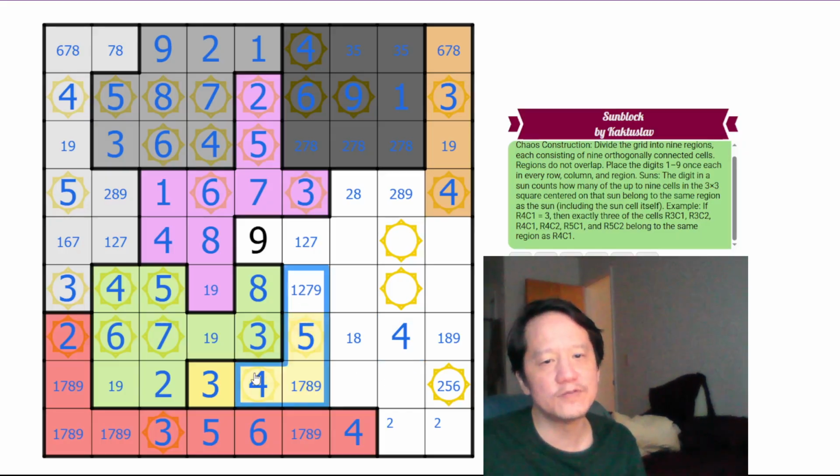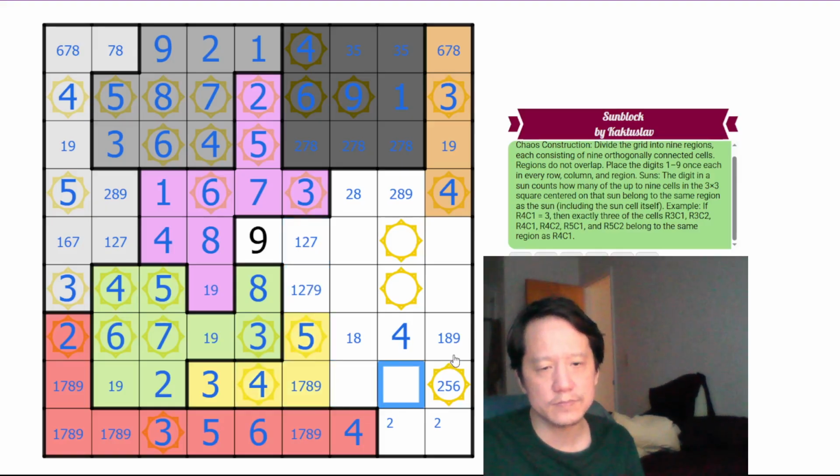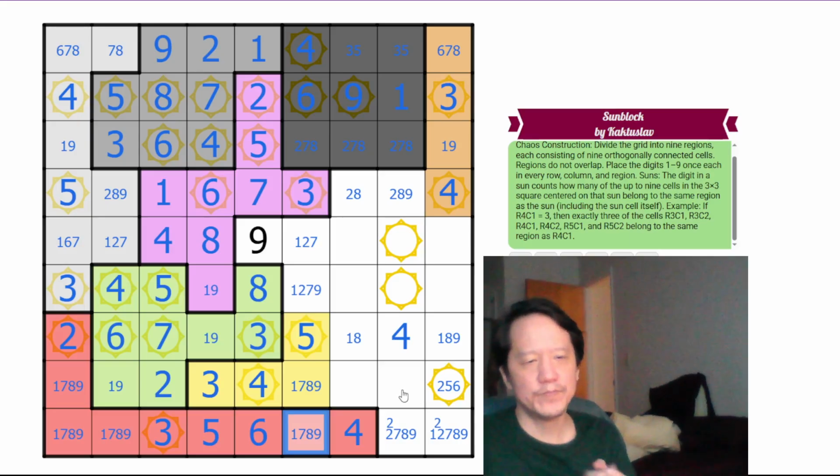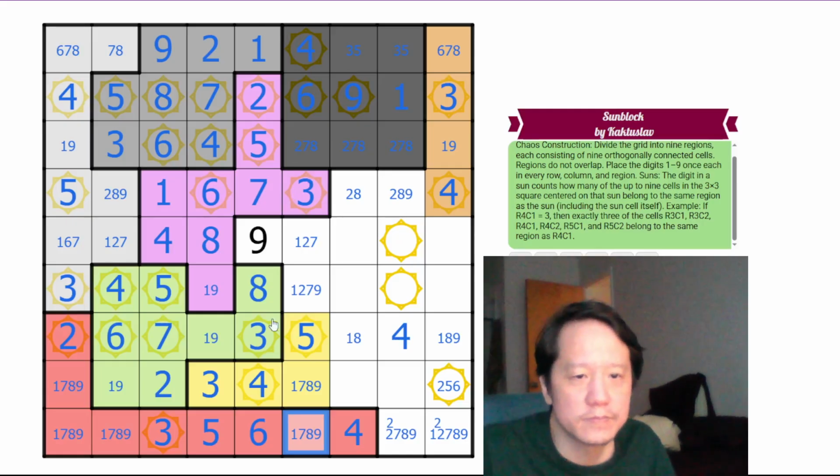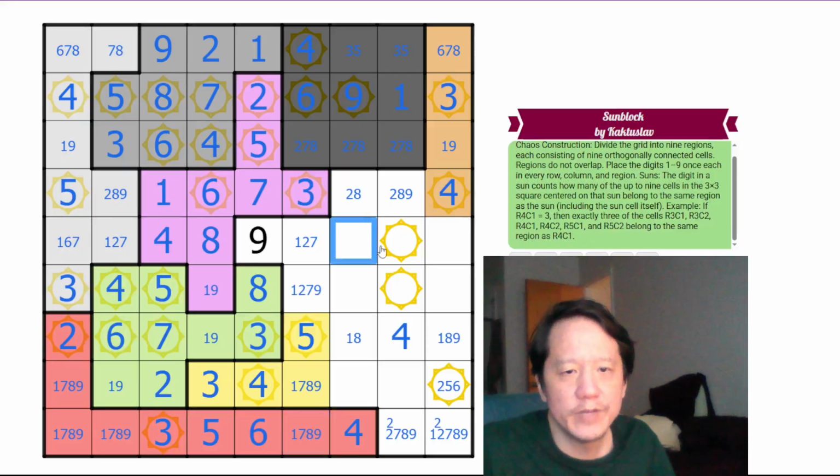This has 5 cells in it. Rest of row 9, 1, 2, 7, 8, 9. No 1 here. Remaining digits of row 6.